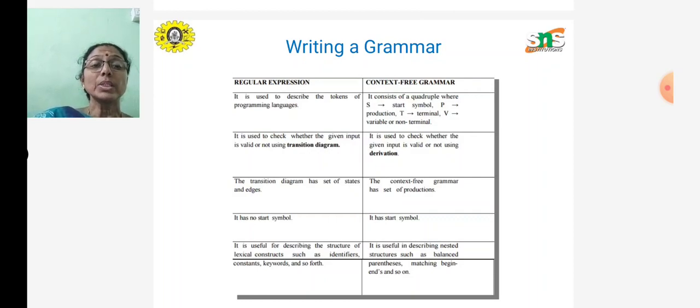Here we are using constants and keywords, but in the CFG we use procedures, parenthesis matching, which checks whether the given parentheses are balanced or not, and matching of function calls. All these terms are represented and checked by the grammar. So this is the main difference between the regular expression and the grammar.